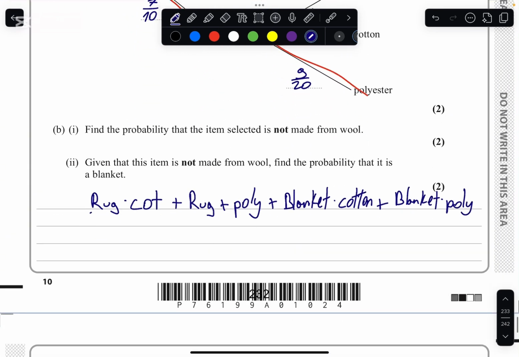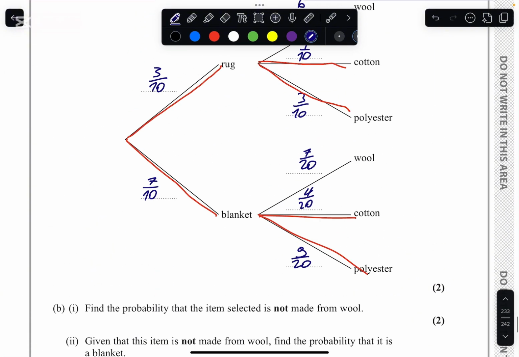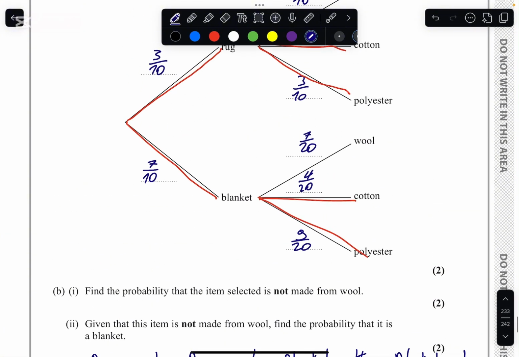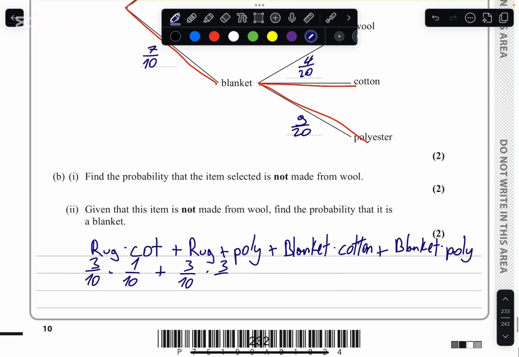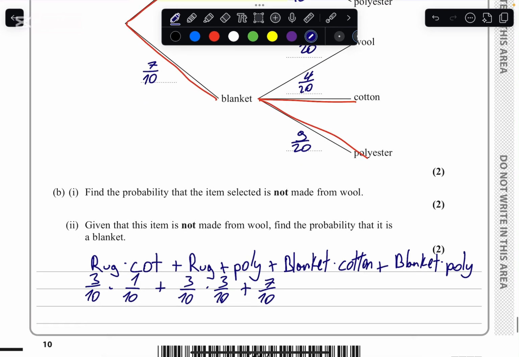We do 3/10 because that's the probability of getting a rug, times by 1/10 because that's the probability that the rug is cotton. And we do the same for the polyester, which is 3/10. Plus the probability of getting a blanket is 7/10, and the probability that it's cotton is 4/20.